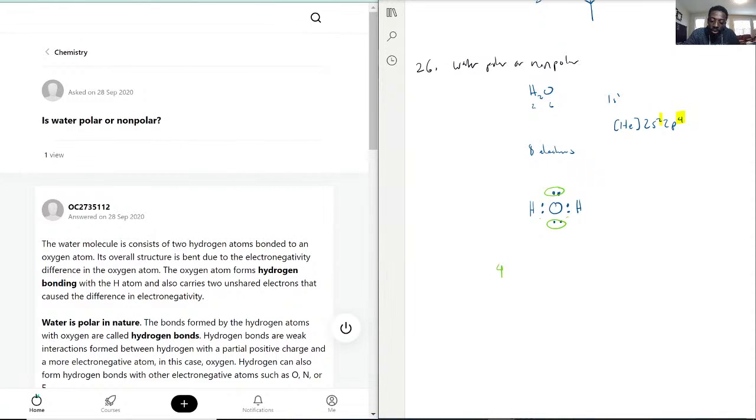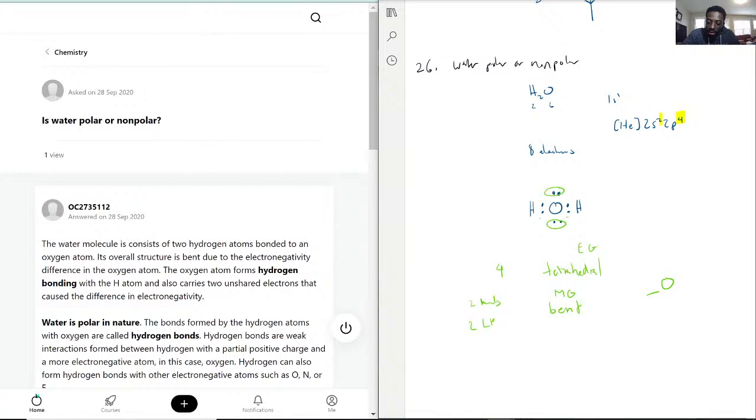So oxygen has 4 electron pairs, and that is tetrahedral. That's the electron geometry, but it has 2 bonds and 2 lone pairs, so its molecular geometry is called bent. The reason why it's called bent is because it looks like this.